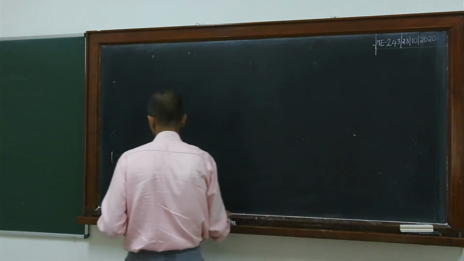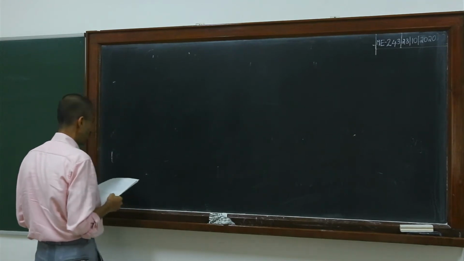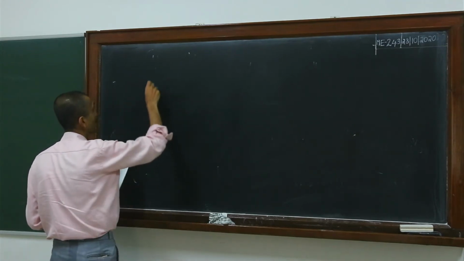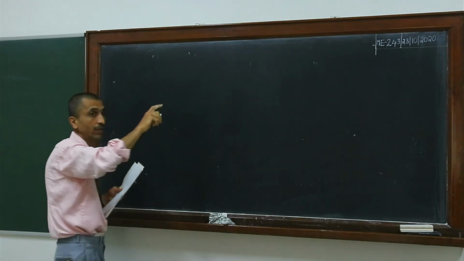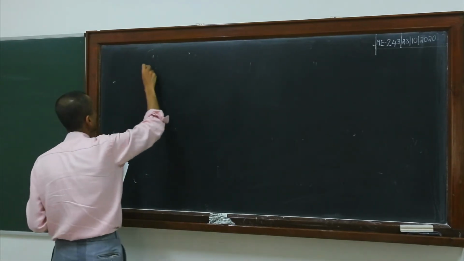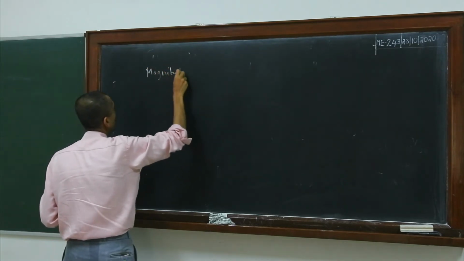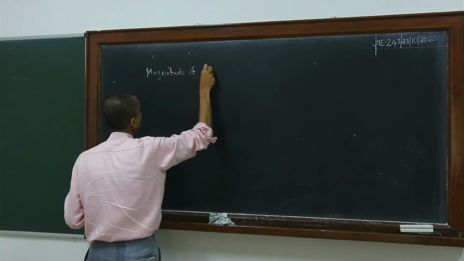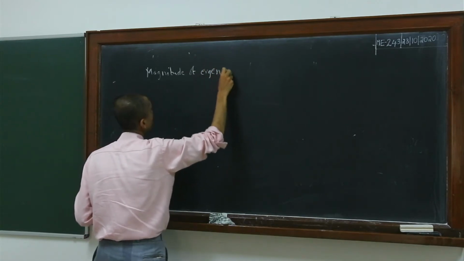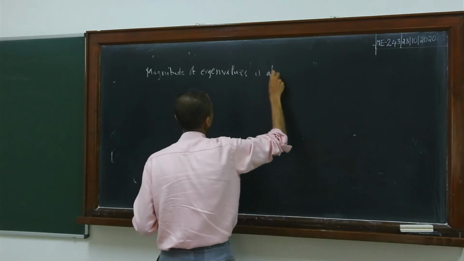So the first property is that the eigenvalues have a magnitude 1, whether they are complex valued or not, the magnitude is 1. So the magnitude of the eigenvalues is always 1.